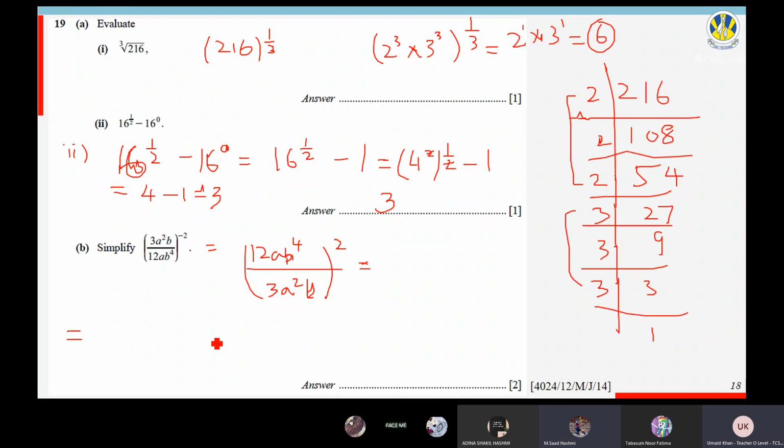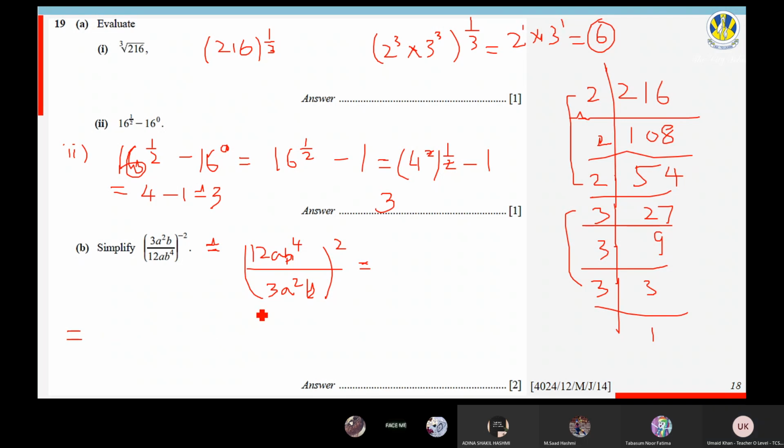No, this is just one method of doing the question. There are other methods as well. It's not essential. I have made it positive because positive powers are easier to handle and manipulate. That is why I've converted to positive power.